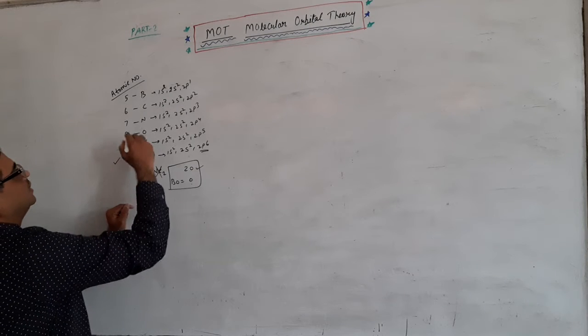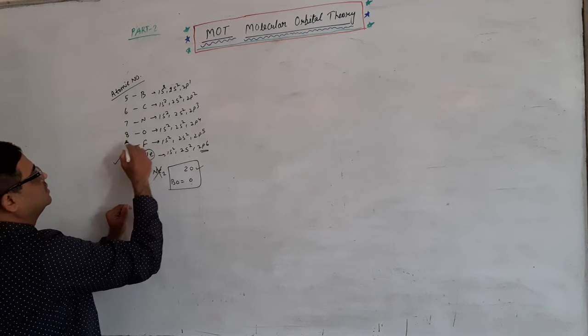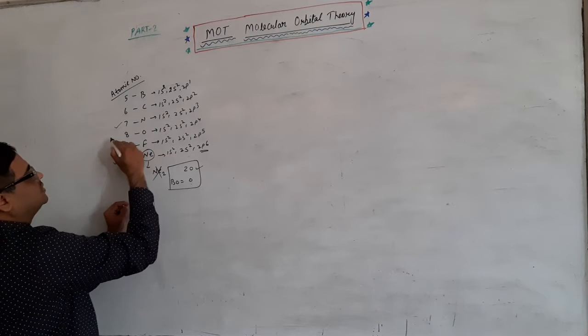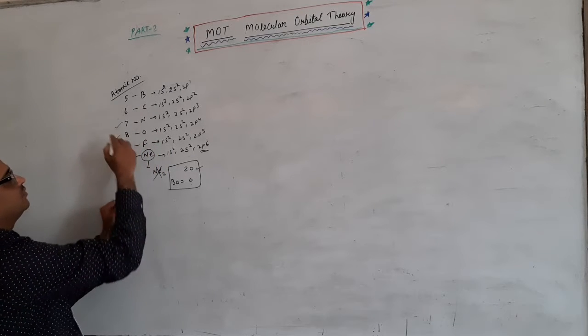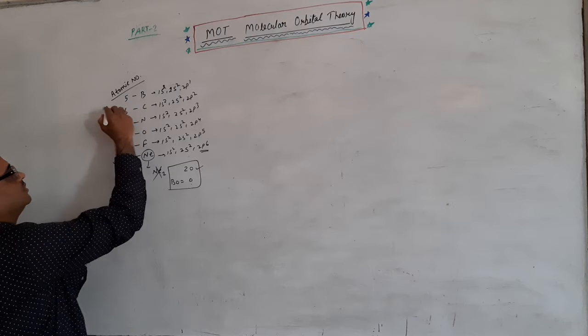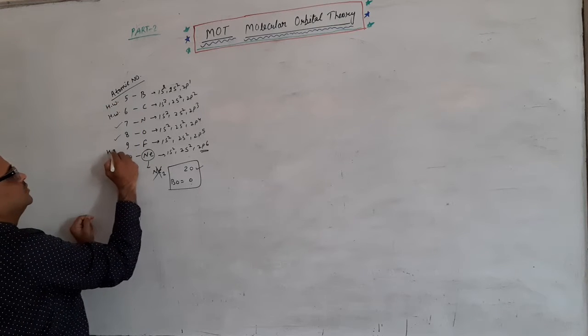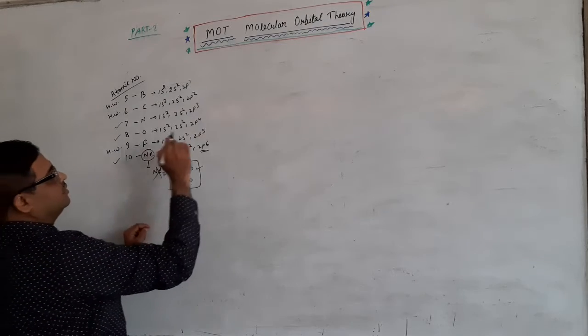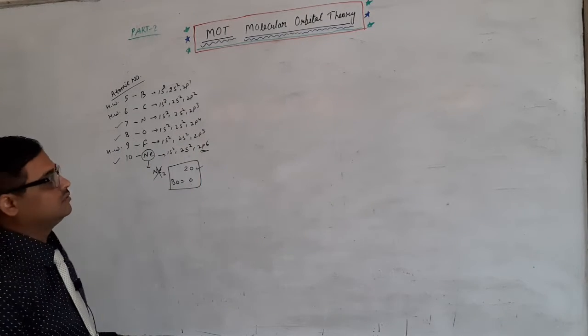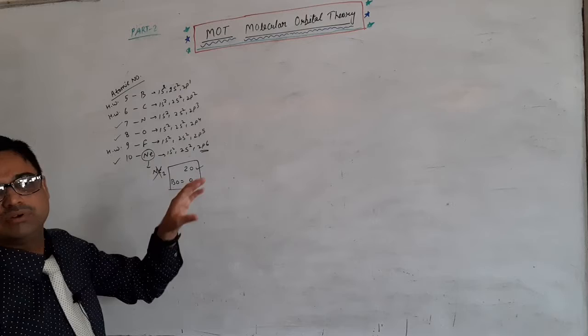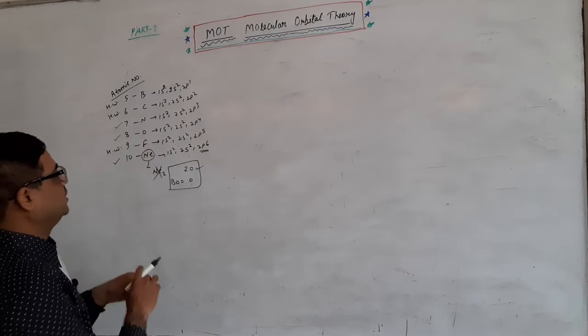Today we will discuss nitrogen and oxygen. The rest will be your homework. This will be your homework, this will be your homework, this will also be your homework. Here I have to make you understand the trick for p orbitals.